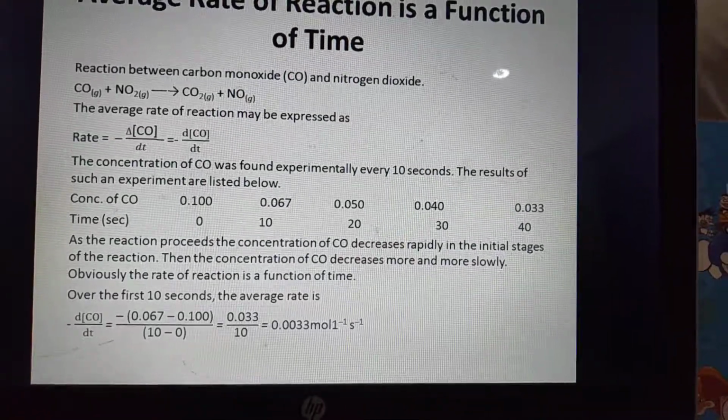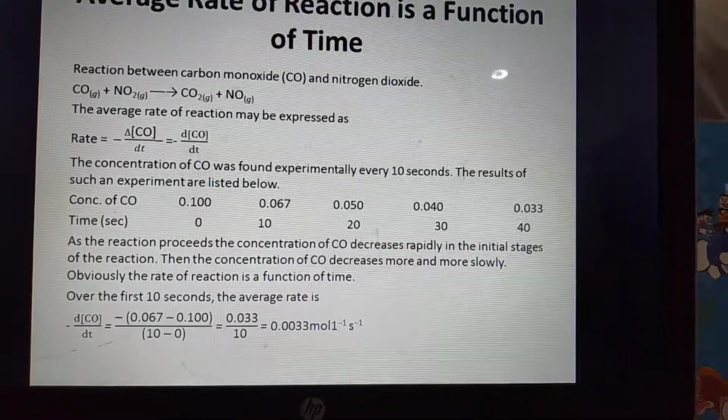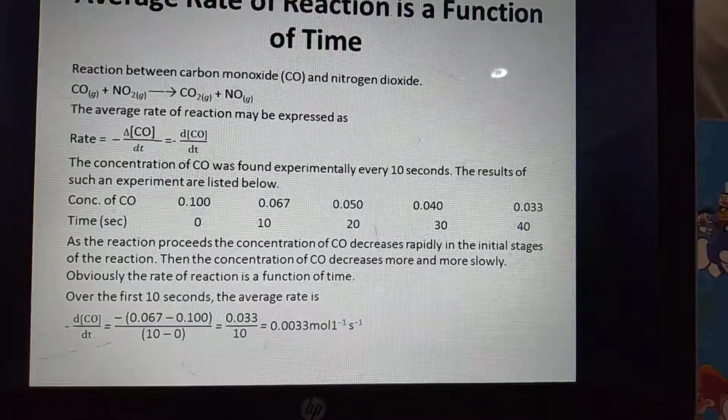These are 10-second intervals. As the reaction proceeds, the concentration of CO decreases rapidly in the initial stages, and then decreases more and more slowly.